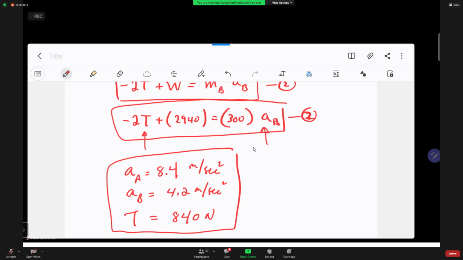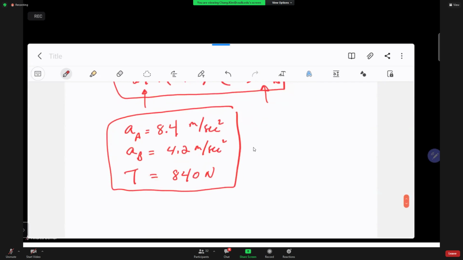So you can go ahead and plug those values in there, and you should be able to know these are the solutions.